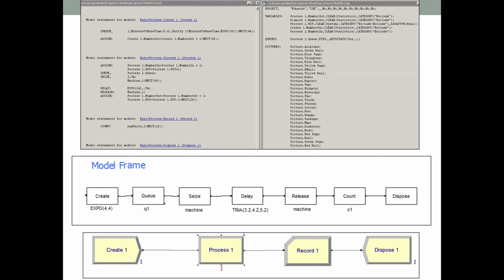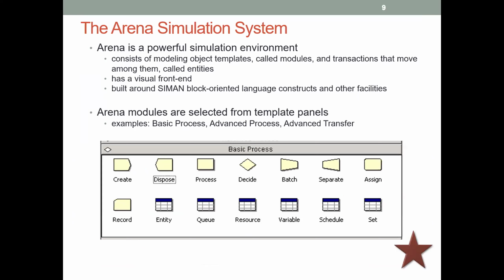And instead of having a count block, a tally block, and so on, you only have a record block that is multi-use in a way that you can select what you want to do with that block. And then the dispose is the same thing. So let's look into these new templates.